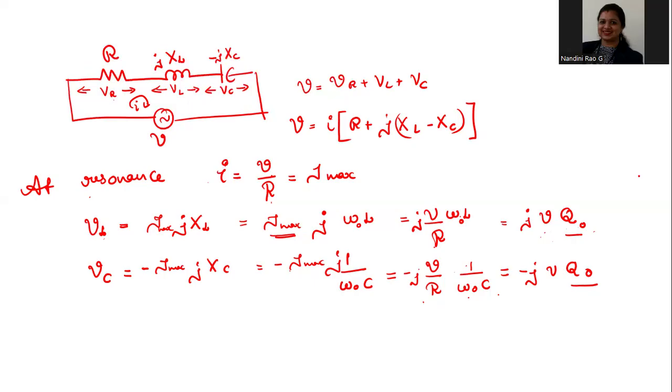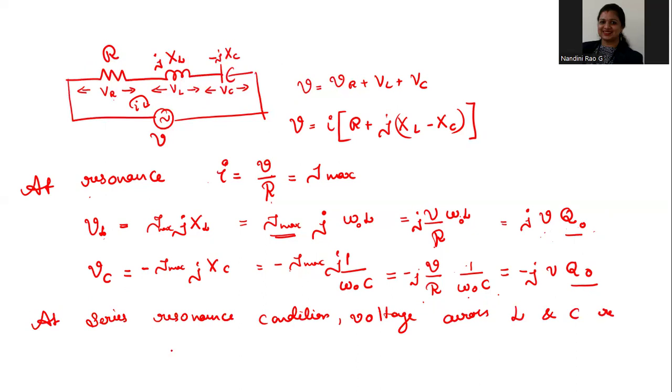Why? Because it is amplifying the voltages. Okay. So please write down that particular point. At series resonance condition, voltage across L and C are maximum.